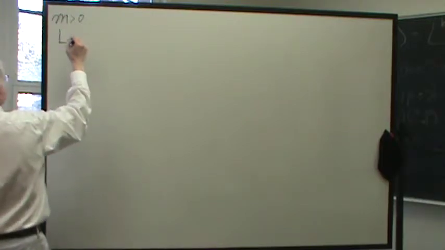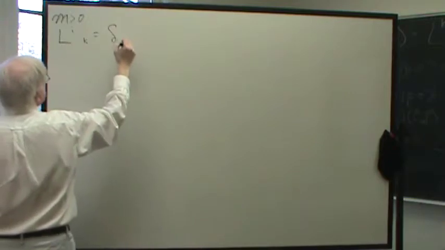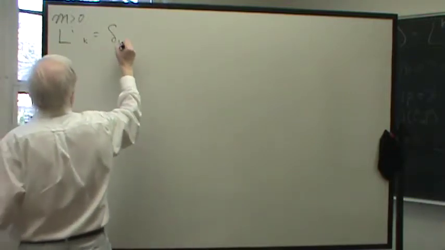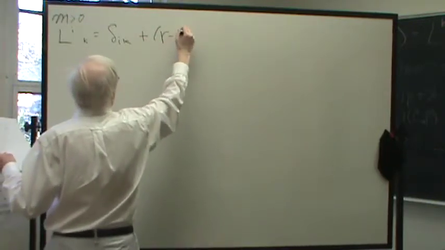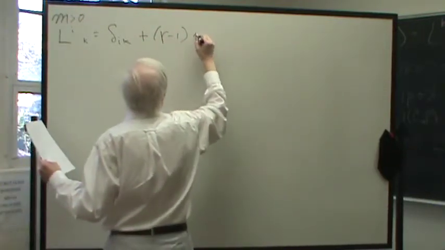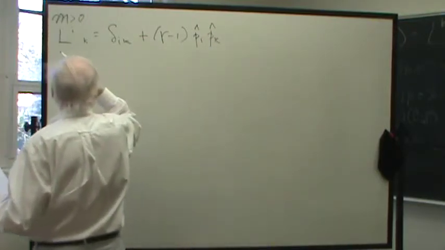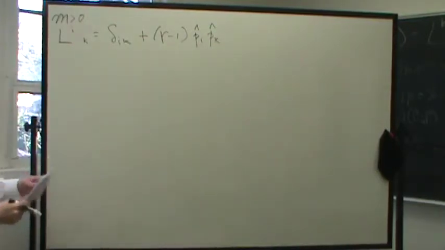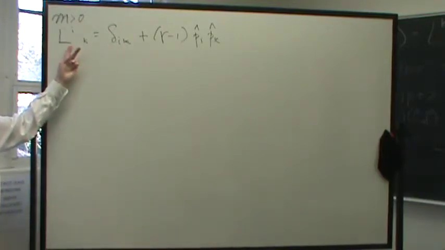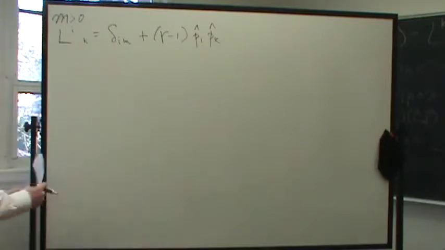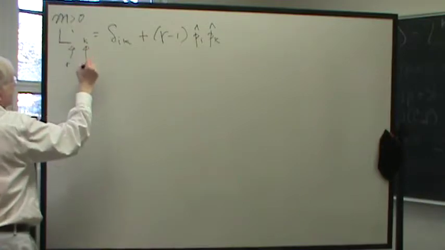Okay, this one works. So L_ik is delta_ik plus (gamma minus 1) p hat_i p hat_k. By the way, in this notation, the first index is the row index, the second one is the column.